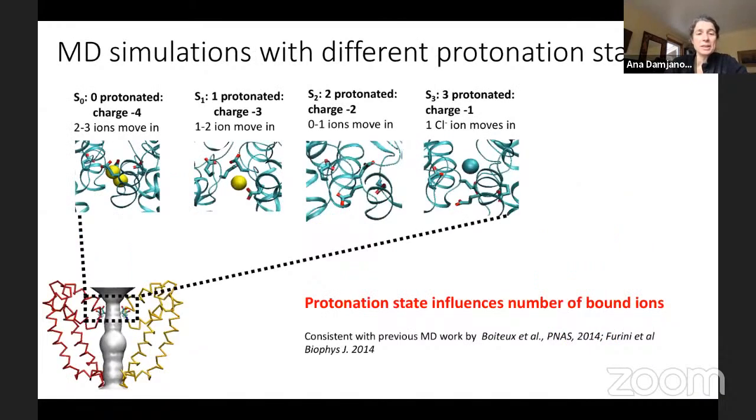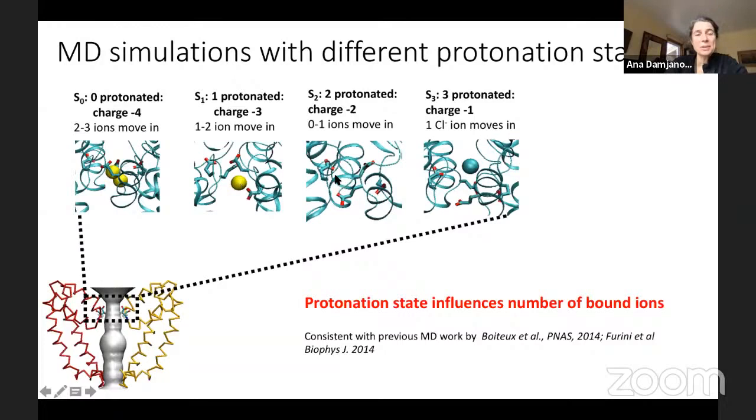The other thing that's also immediately noticeable is the difference in the number of bound ions for simulations with different protonation states. With the S0, there are 2 to 3 ions, mostly 2, sometimes 3. And then for S1, there's mostly 1 ion, and sometimes 2.